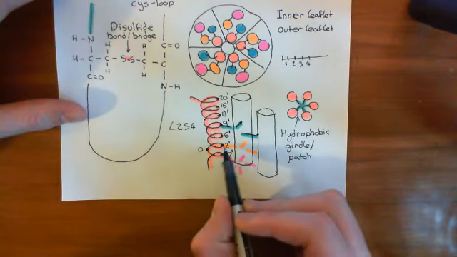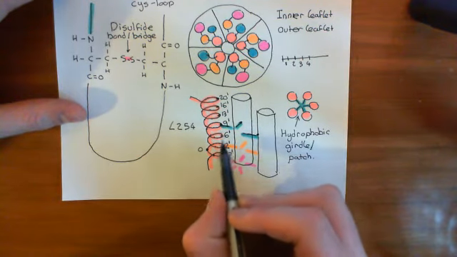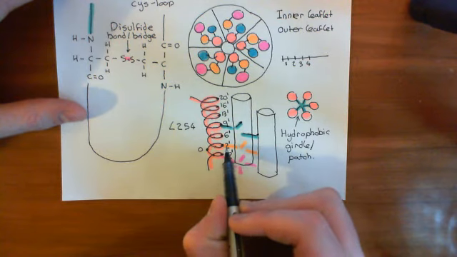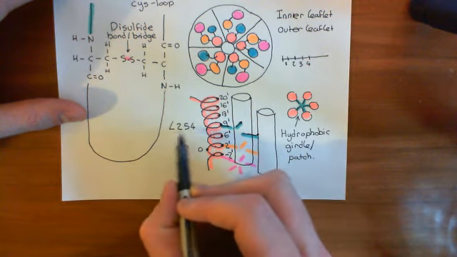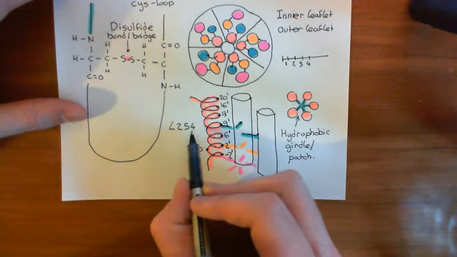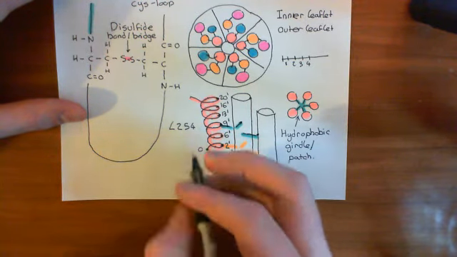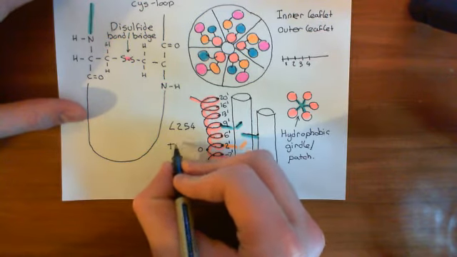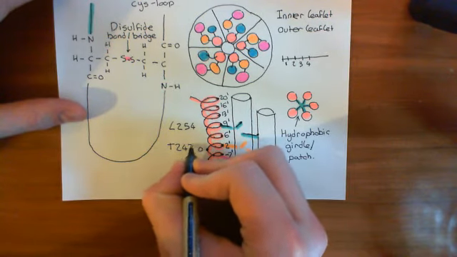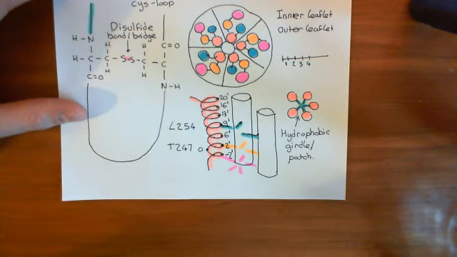Now, what then is 2'? Well, we can work it out because we know it's 7 amino acids less than this one here. So take 7 away from 254 and you'll get 247. So this is threonine 247 because I told you it was going to be a threonine here.